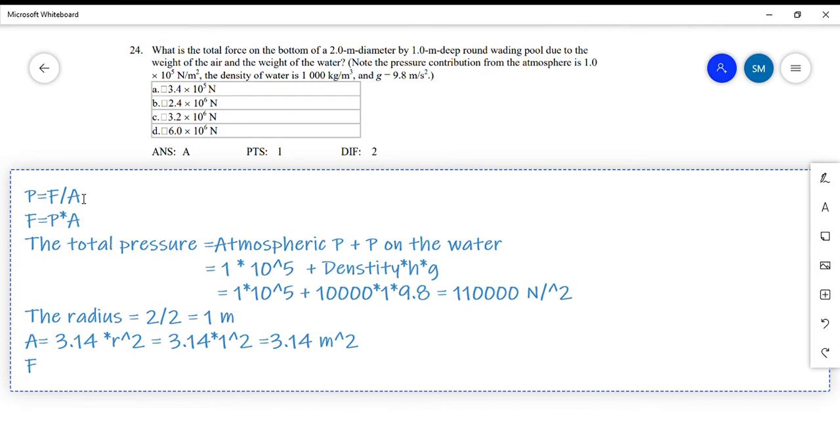F is equal to the pressure, which is this number, times the area, 3.14, which is simply equal to this number, 3, 4, 5, which is approximately equal to 3.4 times 10 power 5 Newton. So the answer is A.